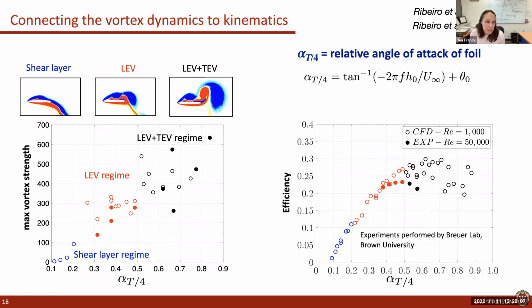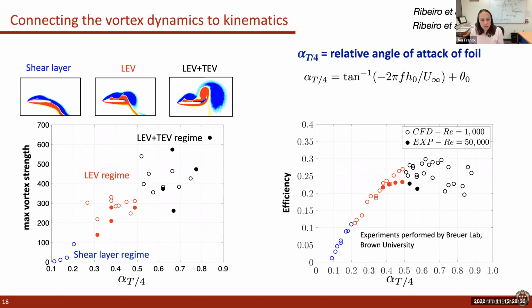and divide it up into 3 regions. So the shear layer regime is where this leading edge vortex doesn't get a chance to fully develop. And that's the blue markers on the far left. And the red is the LEV regime. So here we have a coherent LEV, it's pinching off, giving us that lift enhancement we're looking for.